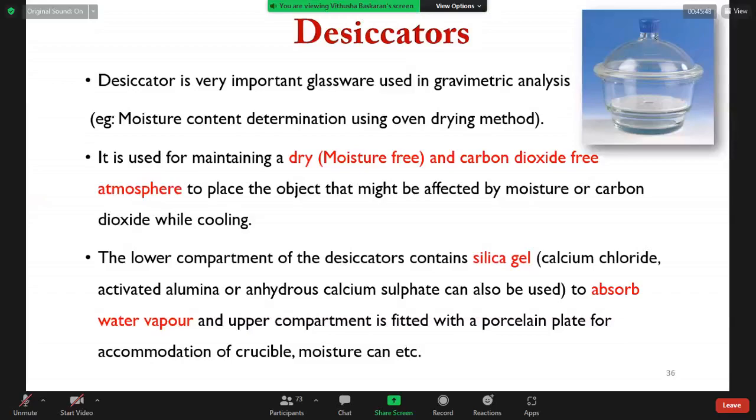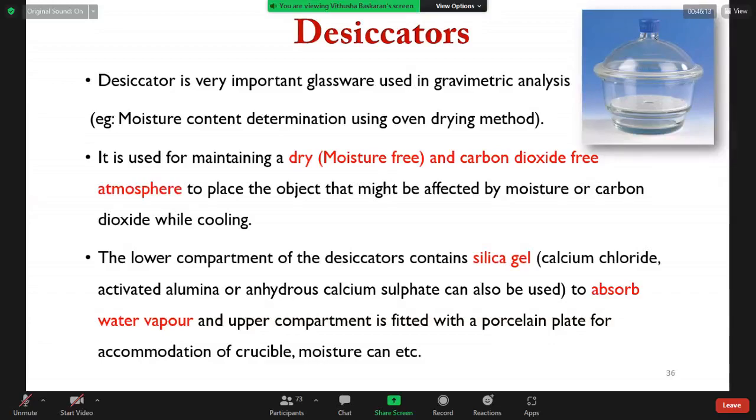If you open it immediately or if you lift the lid immediately upwards, the desiccator may have the chance to burst or break. So when you are opening the desiccator, the lid must be moved to the side, in a horizontal direction. Okay, by the horizontal direction, you have to open the lid. You can't lift the lid upwards immediately.